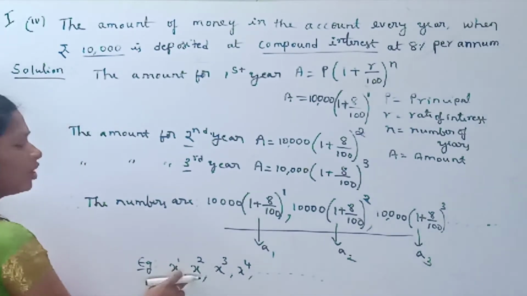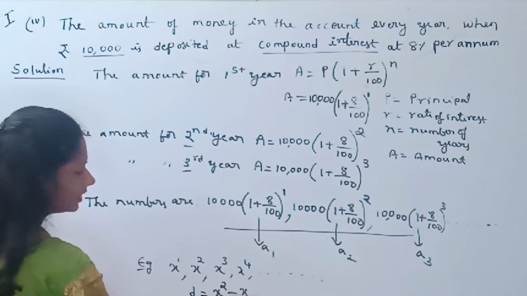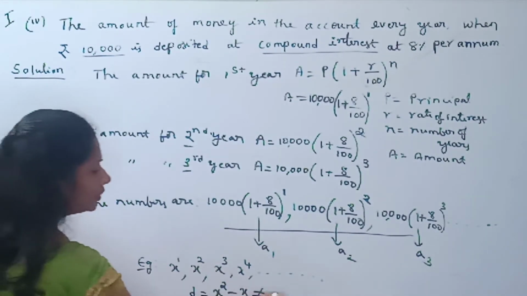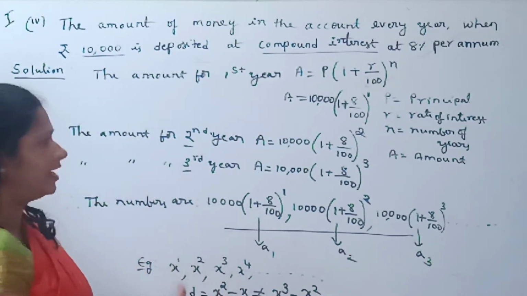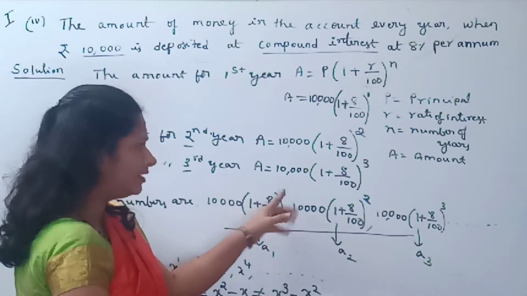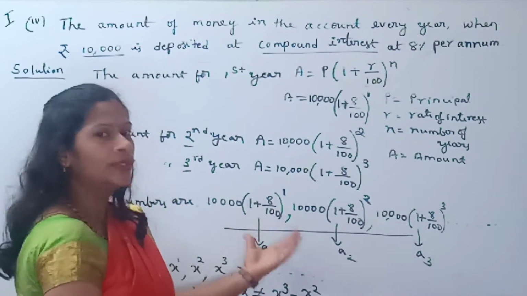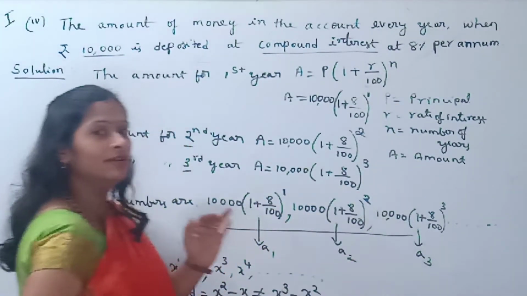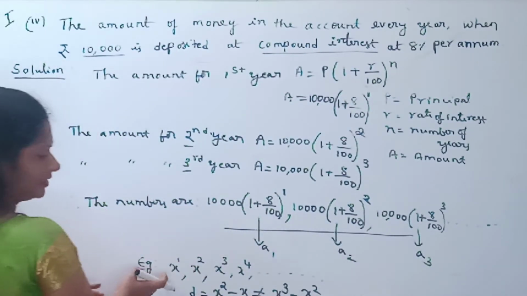Because if you find the common difference, d equal to x square minus x is not equal to x cube minus x square, isn't it? Same concept here also, children, no need to work it out. By seeing the first term, second term, third term only, you can come to the conclusion that the list of numbers is not in the form of an AP. Is it clear? So you can give the reason.